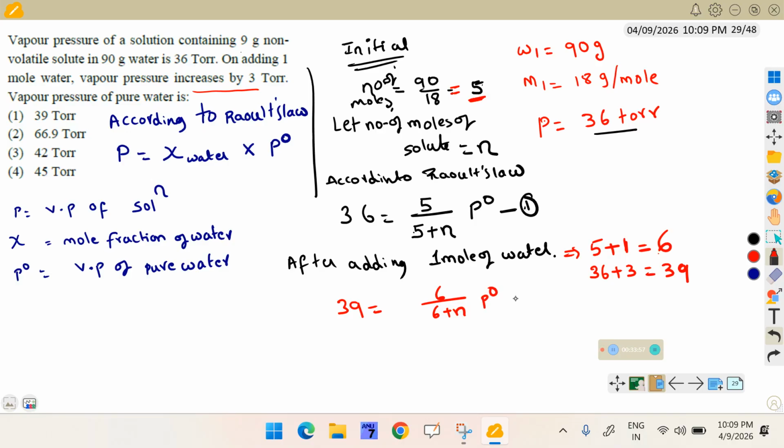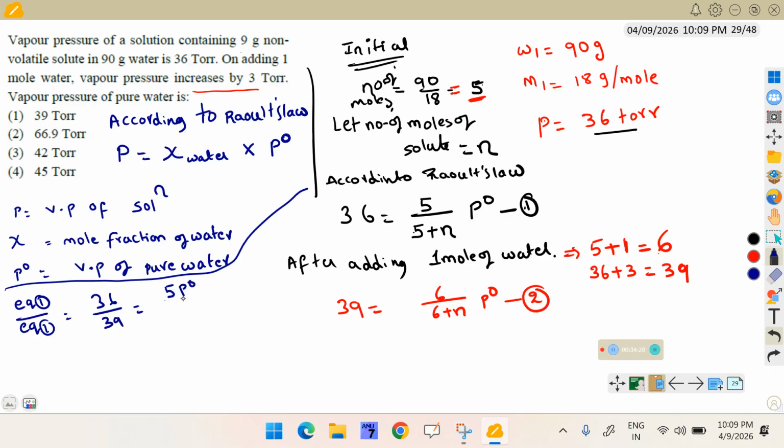This is equation 2. Now divide equation 2 by equation 1, or equation 1 by equation 2, whichever is convenient. Equation 1 divided by equation 2 gives 36 by 39 is equal to 5 P naught by 5 plus n, divided by 6 P naught by 6 plus n.